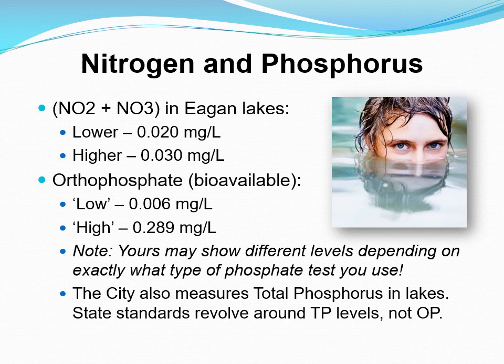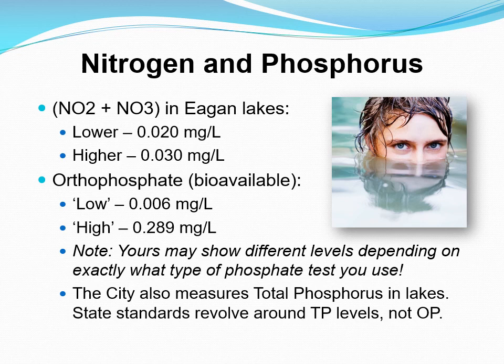It will fluctuate a little bit over the season. You'll see more in the water column during the growing season, during the warmer parts of the summer. So you might not see too much this time of year either. If there's the same amount of total phosphorus, but maybe less bioavailable orthophosphorus in that water, that's not unusual.